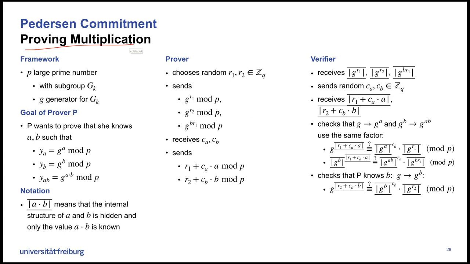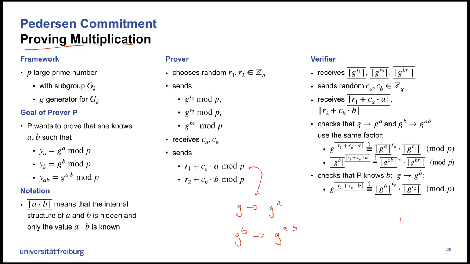A side note here: I was re-editing this slide and found out that the proof I originally had was too complex. It had too many checks. So this is just a subset of it, but this is still complete and sound and zero knowledge, because the rest is not necessary. So we prove that g is somehow related to g to the a, and we should prove that g to the b is g to the a times b, that this is basically multiplied.